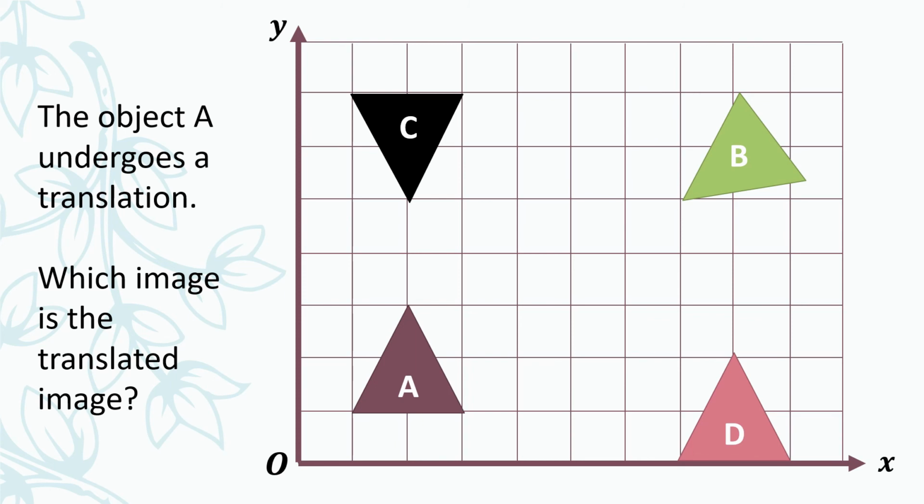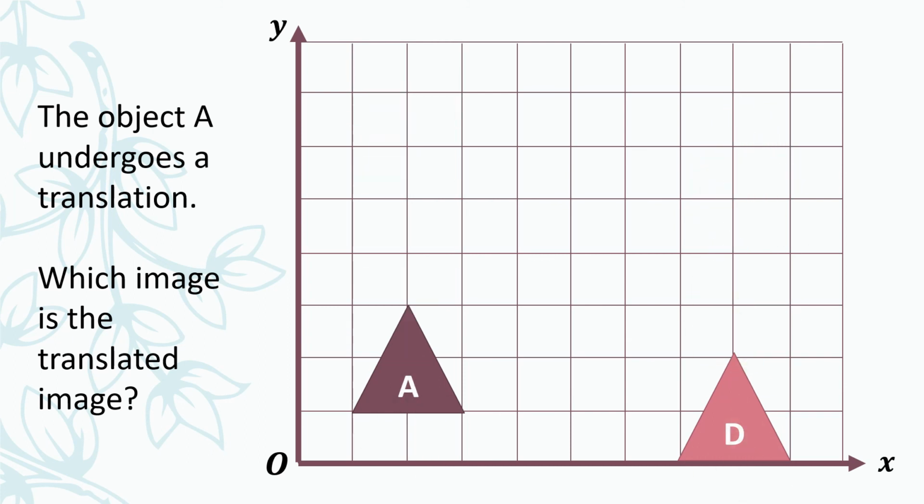C and B, however, don't correspond as being translated images simply because they're not in the same orientation, although they're the same size and shape. So that's why our answer had to be the triangle labeled D. Very good if you were able to identify D as the image of A under translation.